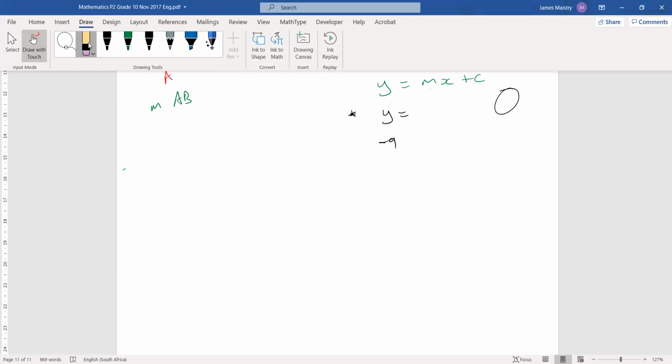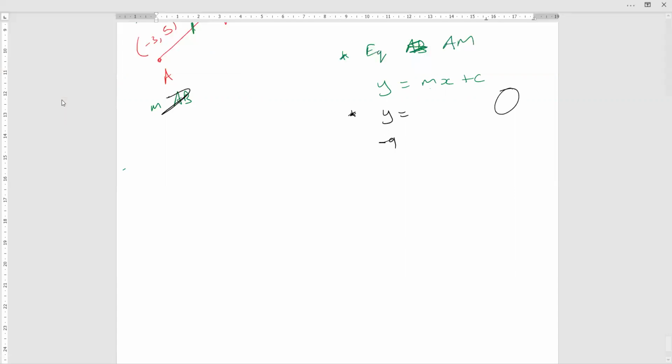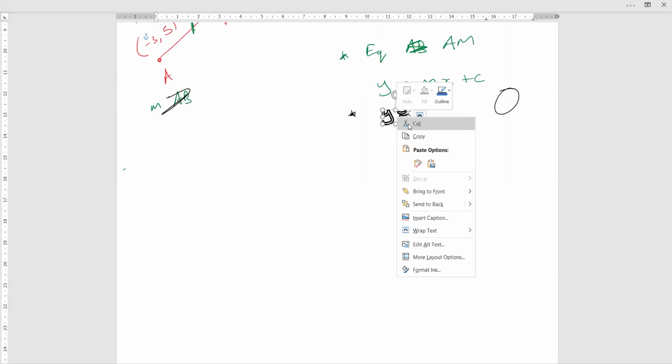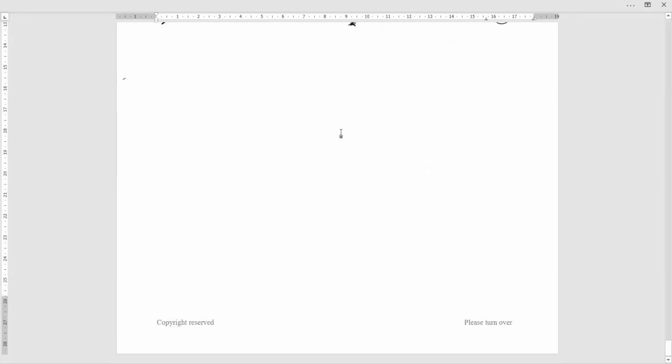So we're going to talk about 3 words. The first word I want to talk about is collinear. Have you heard of this word called collinear? Help me out. Anyone heard of collinear? Yes, sir. So tell me, what is the meaning of collinear? It means they're in a straight line, sir. In a straight line.